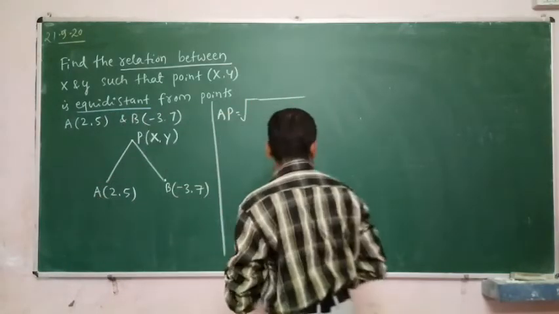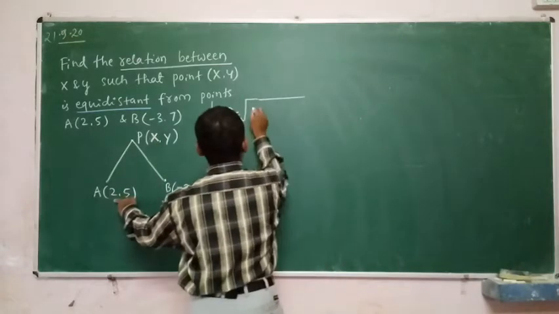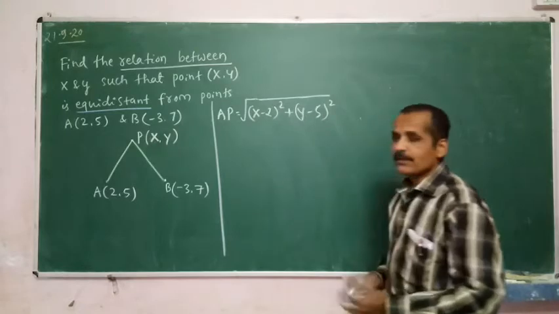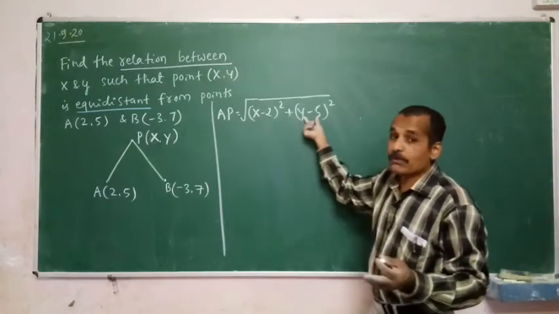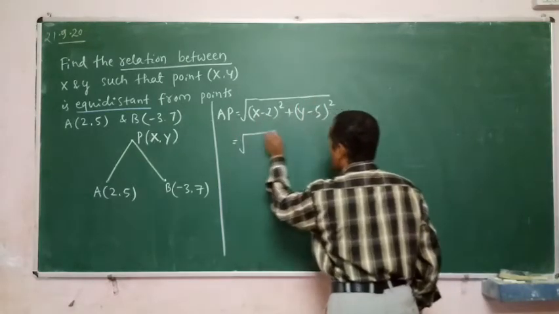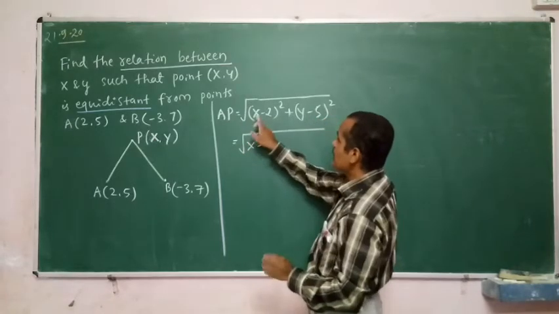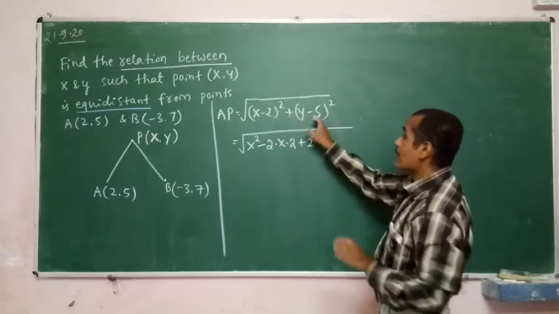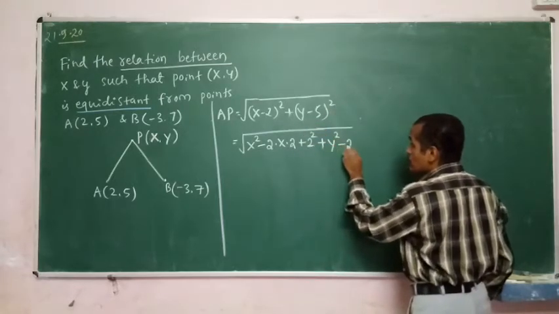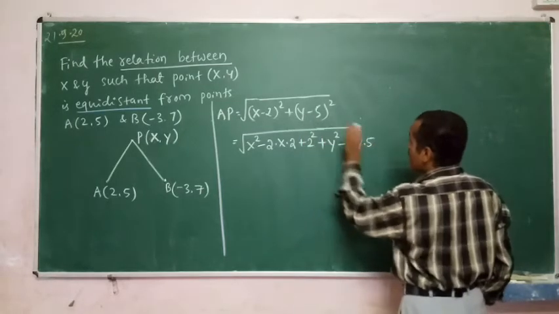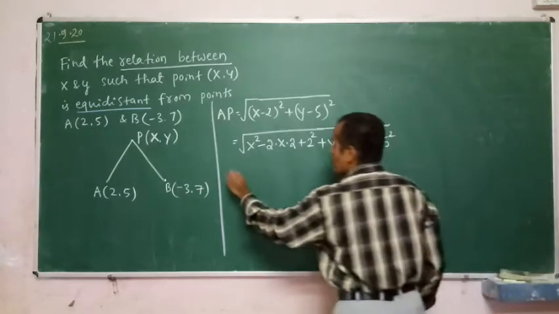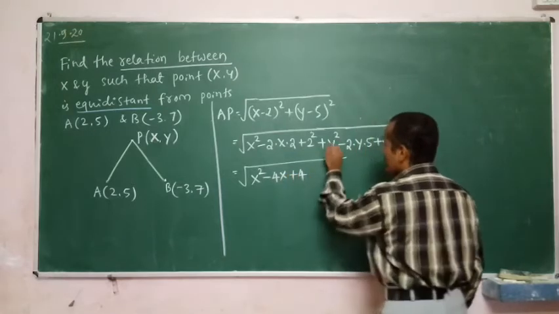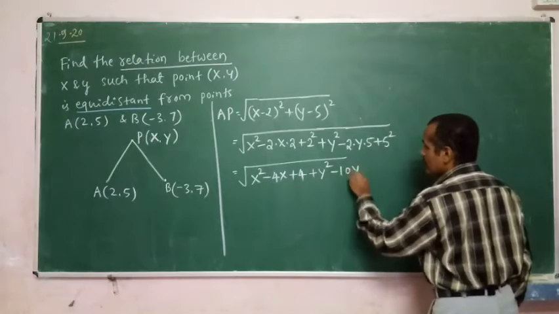AP is equal to under root (x minus 2) the whole square plus (y minus 5) the whole square. Using the formula (a minus b) the whole square equals a square minus 2ab plus b square, this is equal to under root x square minus 4x plus 4 plus y square minus 10y plus 25.